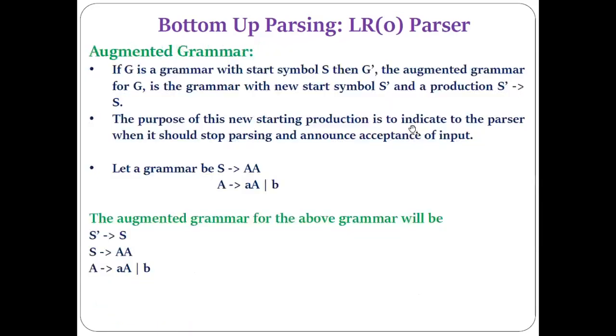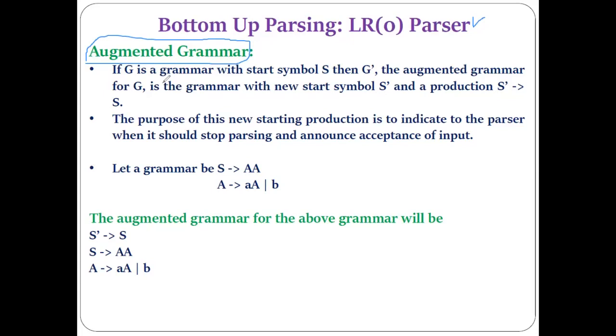Now, the next important term that we have to understand when we are doing bottom-up parsing using the LR0 parser is another category of grammar, that is the augmented grammar. So what exactly do we mean by the augmented grammar?